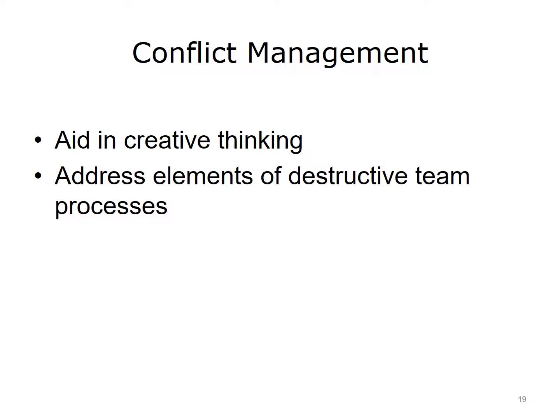The ability to manage conflict is therefore very pertinent as we move toward addressing those kinds of elements that could lead to destruction, or could lead to breakthroughs in our thinking. So, sometimes it's a fine line, and that's why conflict management is so important when we're talking about team processes as a characteristic of effective teamwork.